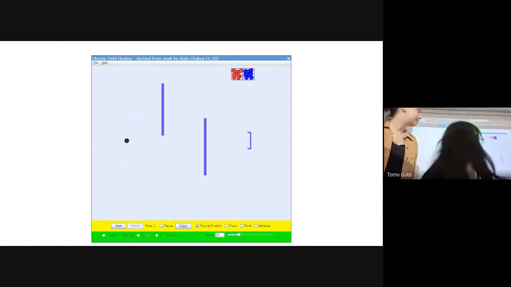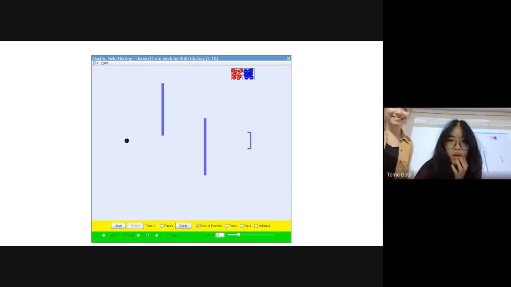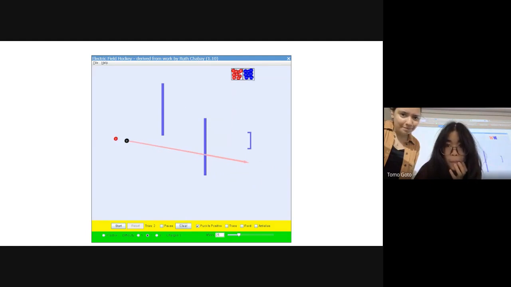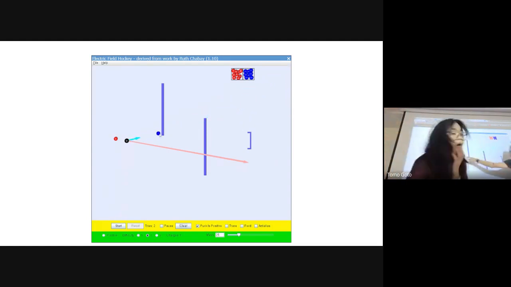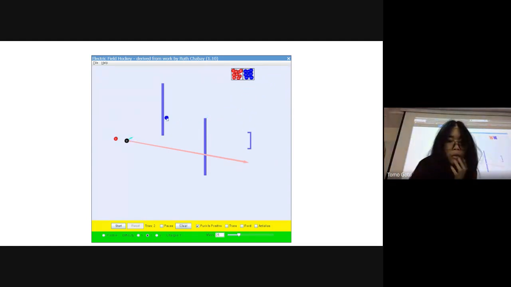Okay, we have one more level, so can you hurry up? You can put it here too, no? Here, so that it comes here and here. No? Something like that, yeah.